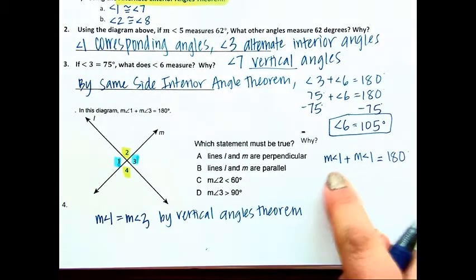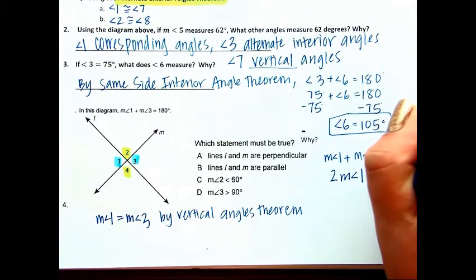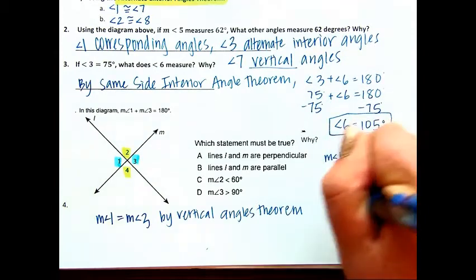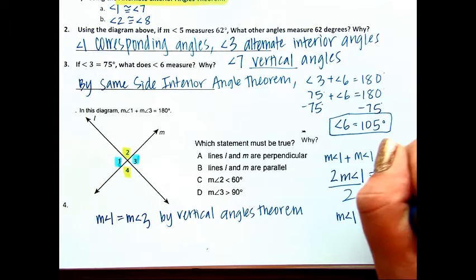So I end up having 2 measure of angle 1 equal to 180. Divide by 2 on both sides to figure out what that angle is. 180 divided by 2 is 90 degrees.